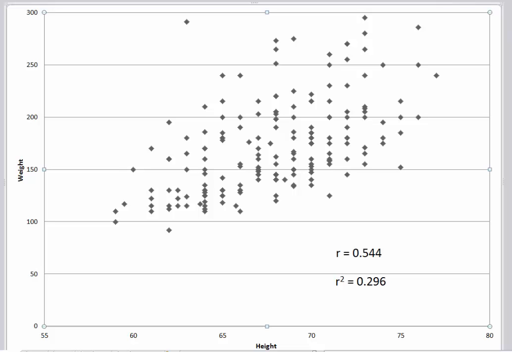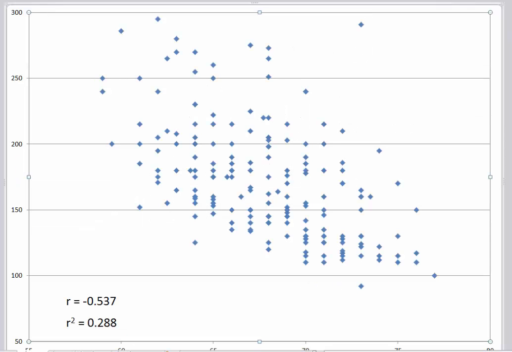So if we created a linear model describing this, about 30% of the variation from what we would expect is explained by the relationship between the two variables, height and weight. And the higher that value of R squared, the more the variation is determined by the model, so the actual relationship between the two variables.